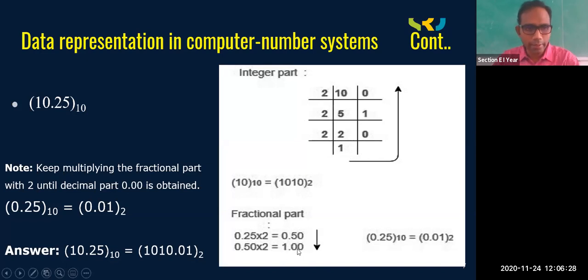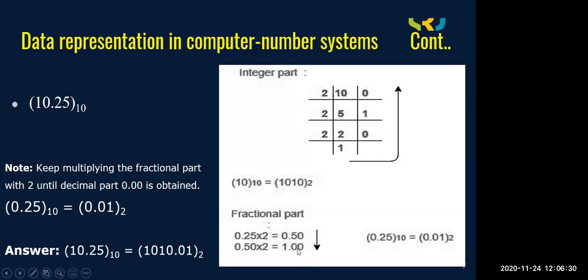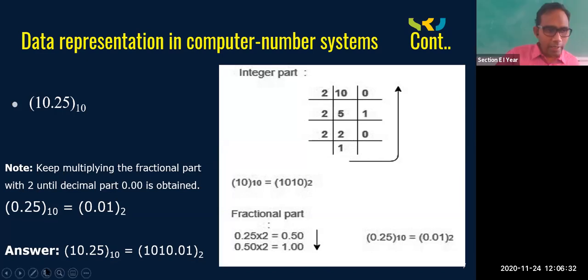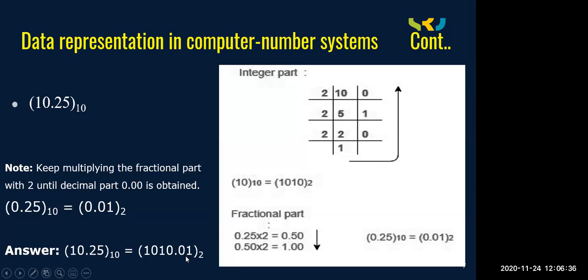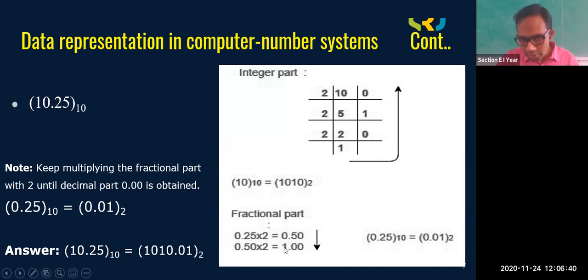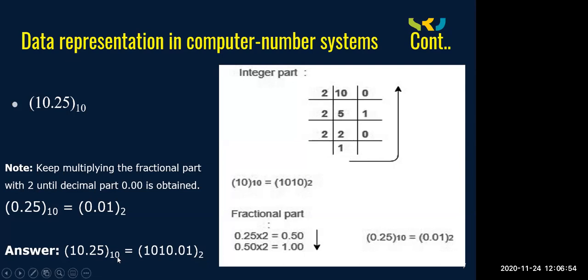So it will become 0.01. Just move this 1 to here. If you get 10, then 0.10 will be the result. If you get a single digit number, make it as 0.01. That's a single digit number. Understood? Okay, sir.